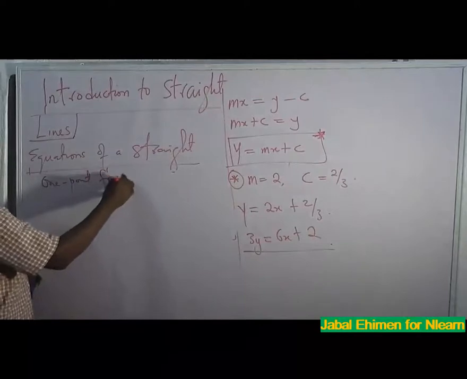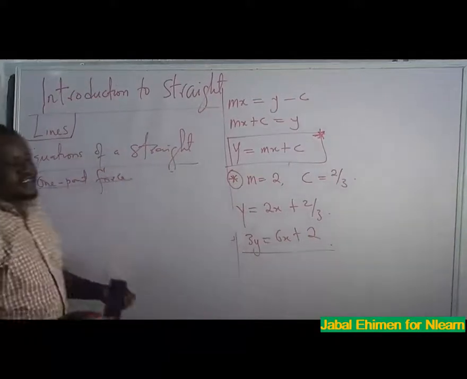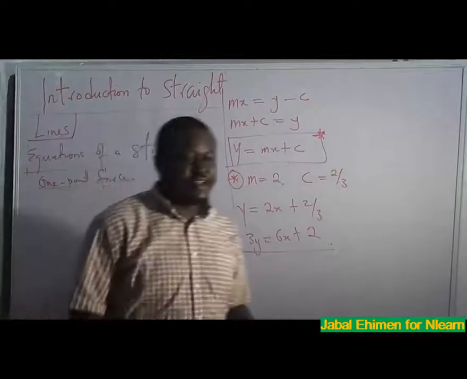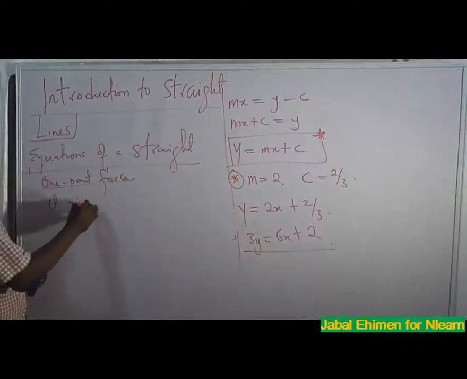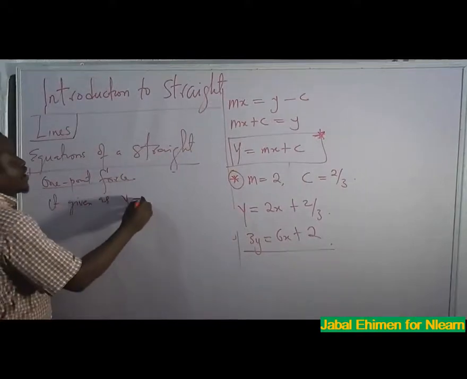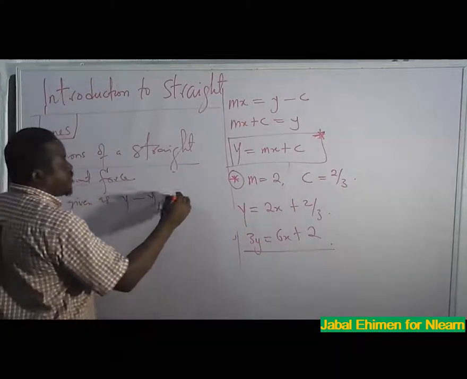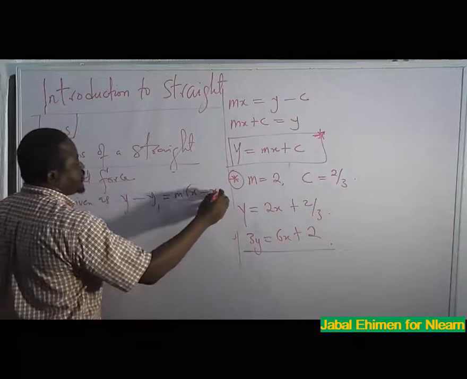Now for the 1-point form, it's easy. All you just need to understand is that the gradient is given as y minus y1 is equals to m into bracket x minus x1.